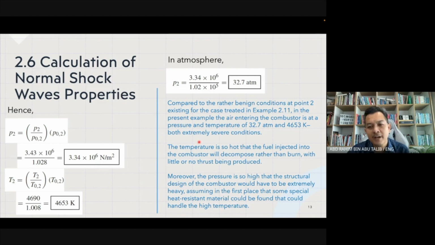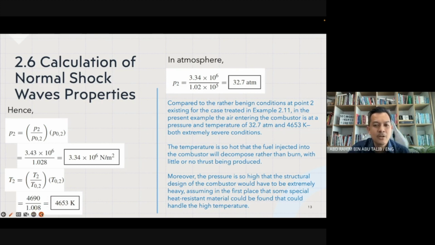So this is a very high condition, above the melting temperature of titanium even. The temperature is so hot that the fuel injected into the combustor will decompose, rather than burn, with little or no thrust being produced. So imagine that will happen. Moreover, the pressure is so high that the structural design, as I said just earlier, of the combustor would have to be extremely heavy, assuming in the first place that some special heat resistant material could be found that could handle the high temperature.